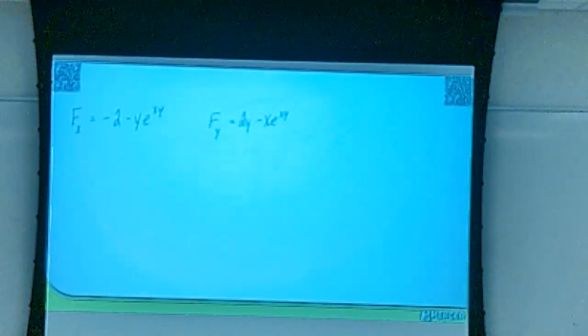And so we have to have both of these. I think I'm going to do it with respect to y first, just because there's less negatives in it.